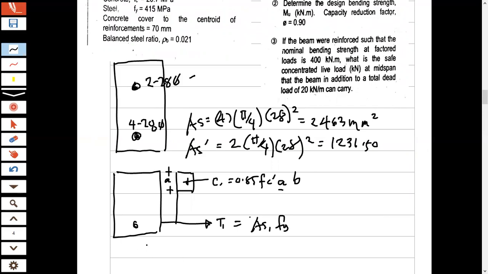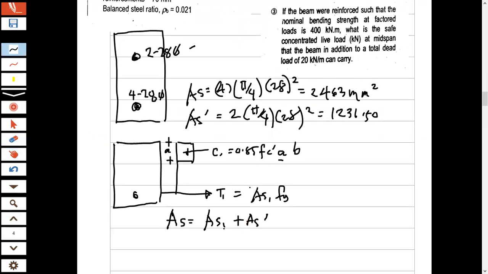What is AS1? The total reinforcement AS, yung bottom actually yan, is just equal to AS1 plus AS prime or AS2.